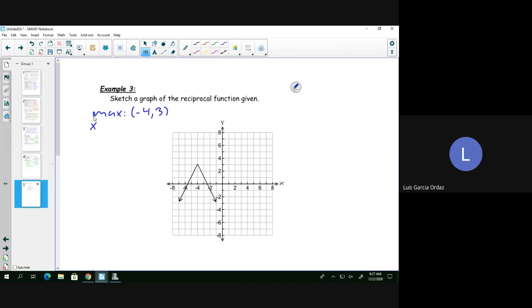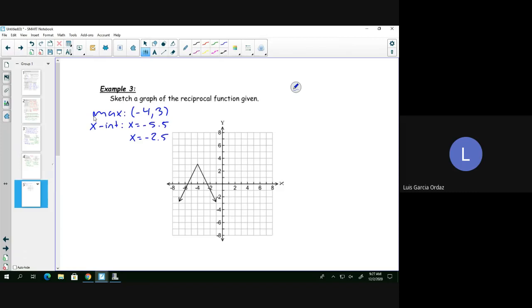What are our x-intercepts? Negative 5.5 and negative 2.5. So x is equal to negative 5.5 and x is equal to negative 2.5.